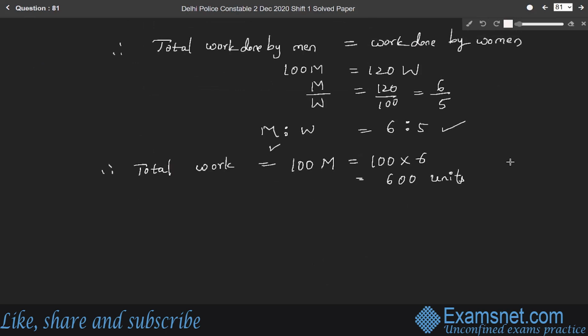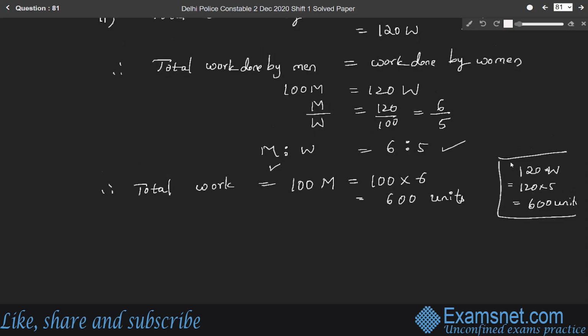Or if you take total work as 120 women, 120 into the efficiency of each woman is 120 into 5, which is 600 units. Both are the same.